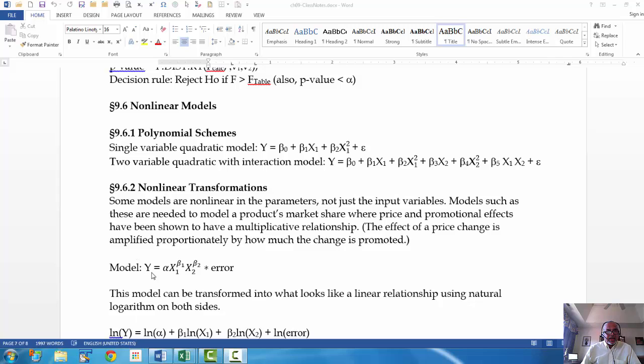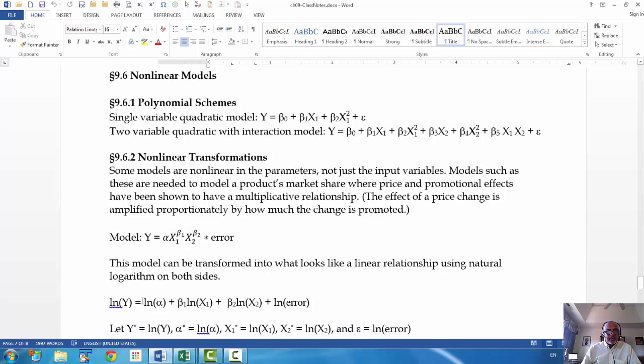So you get ln of y, and then ln of alpha plus beta sub 1 ln of x sub 1, and then plus beta sub 2 ln of x sub 2 plus ln of error. So that's how the logarithm will work.